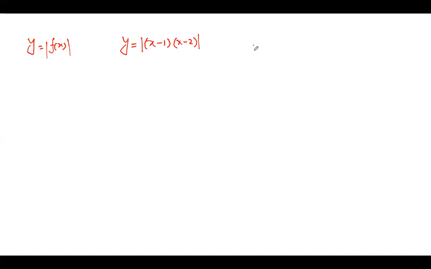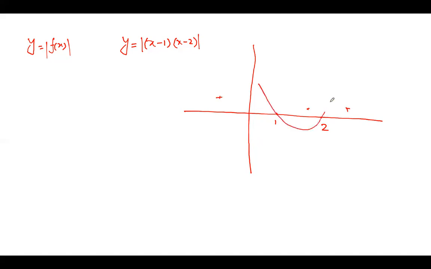First draw the y-axis and x-axis. At 1 and 2, this will be 0. We know this is the graph of a parabola, a polynomial: positive, negative, positive. So the graph goes something like this.